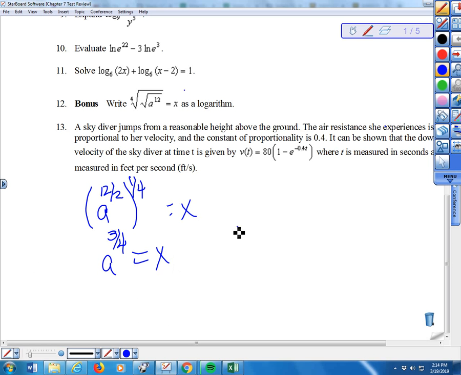So this is a to the x, no, log base a of x equals 3/4. Let's try 3/2. 12/8. It's a little better. Okay, I feel better now.